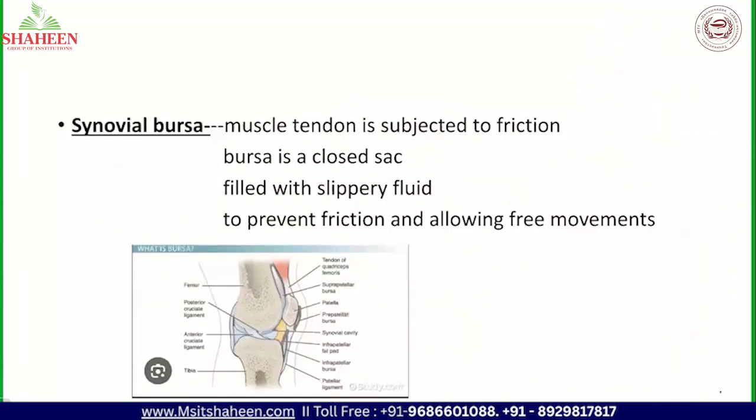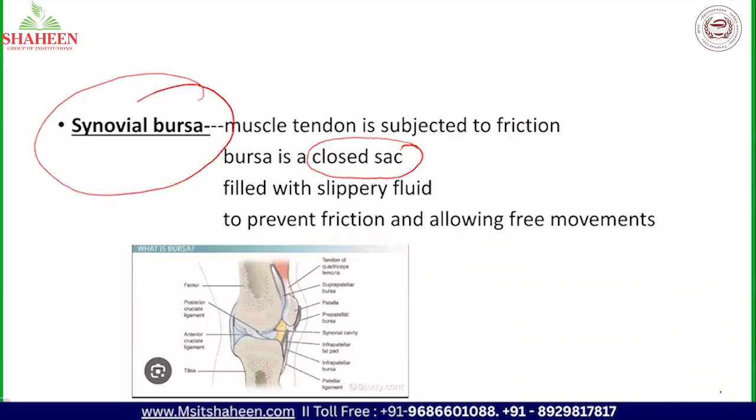Next is synovial bursa. It is evident that the muscle fibers will go through friction because of regular movements of the joints, so there is a chance of damage or injury to the muscle fibers. In order to prevent this kind of injury, there are some small closed sacs placed between the bone and the muscle, or between the tendon and the bone.